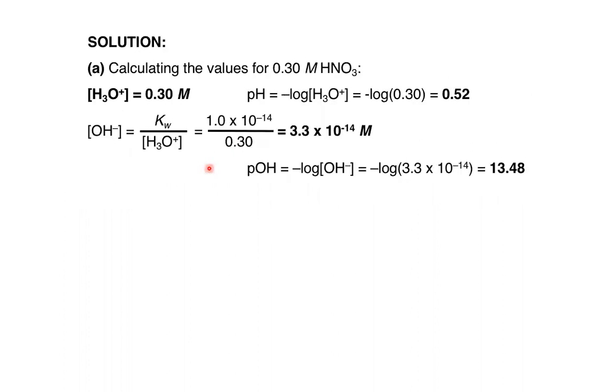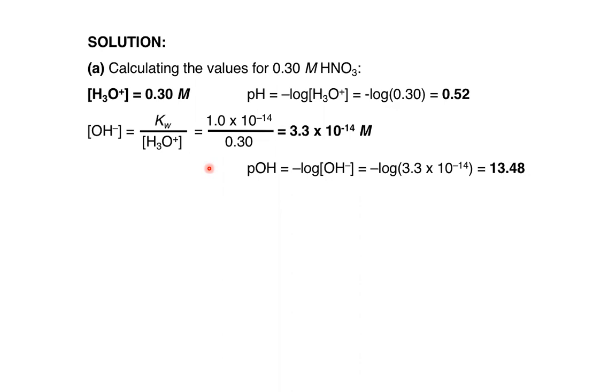Here is how we would do it for the first one. We're calculating the values we're asked for 0.30 molar HNO3, which is nitric acid. The concentration of H3O plus is going to be 0.30 molar, because nitric acid is a strong acid. How do I know it's a strong acid? If we go back to our rules from the start, we'll discover that this is an oxo acid, meaning that it has oxygens, and the number of oxygens is 3. The number of hydrogens is 1. This gives a difference of 2.